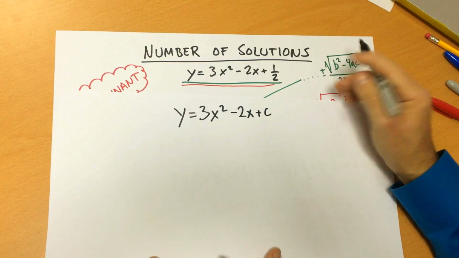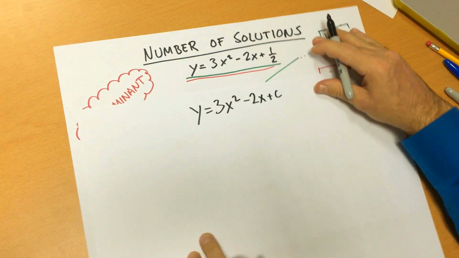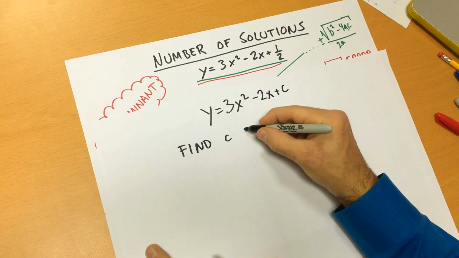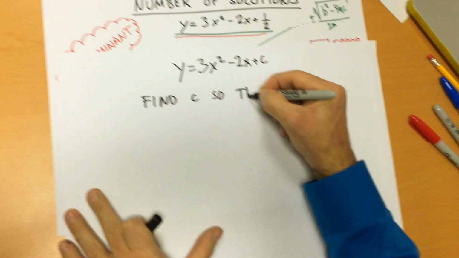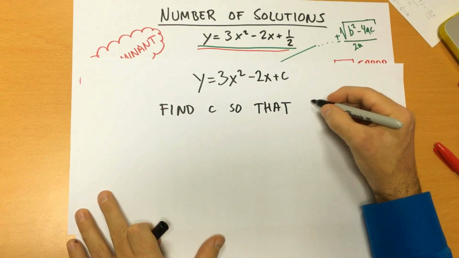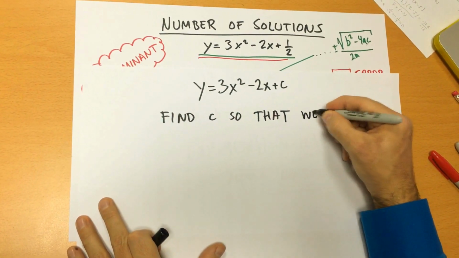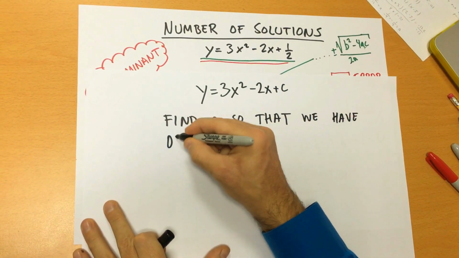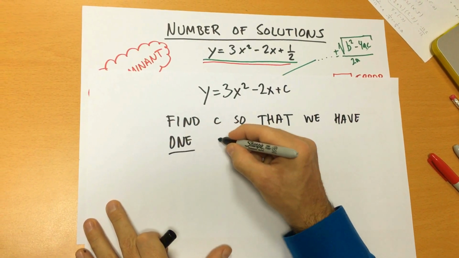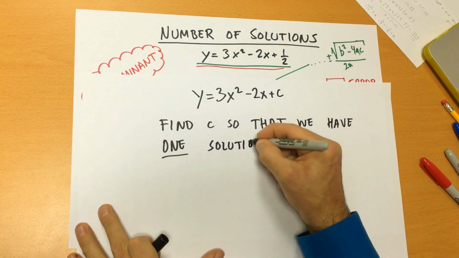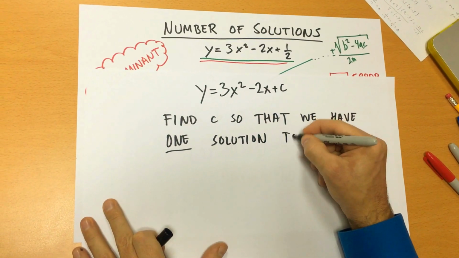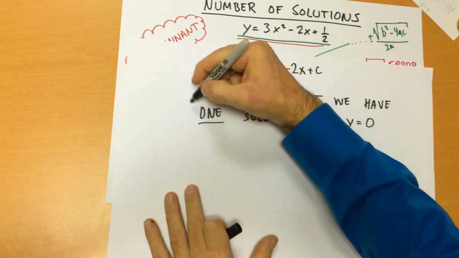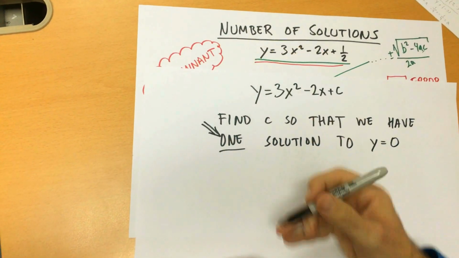I don't know what this c is in our new example, and the question is: find c so that we have one solution to y equal to 0. So I want exactly one solution.